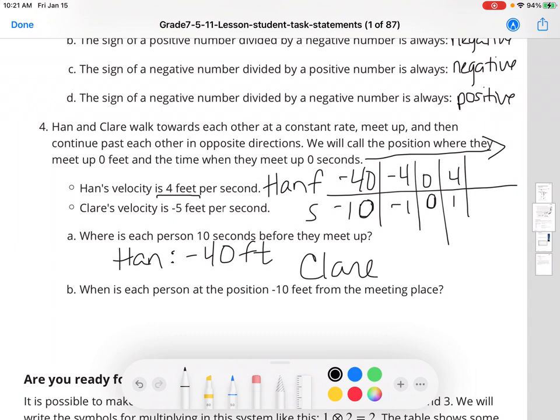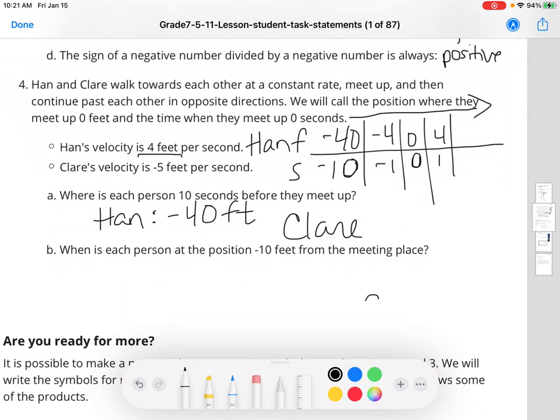she's traveling at a velocity of negative 5 feet per second. So if we build her table with feet on top, seconds on bottom, we know she is traveling negative 5 feet per second. So 1 second is negative 5 feet.